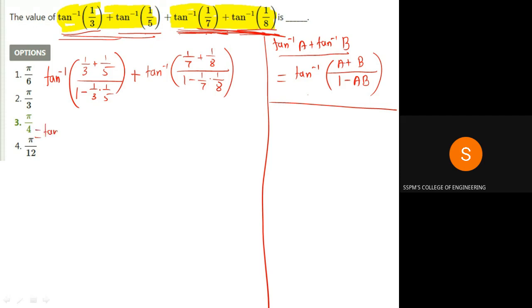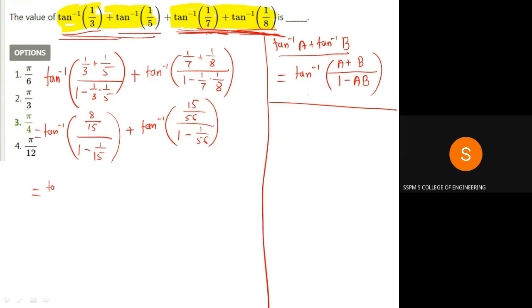So tan inverse. What is 1 by 3 plus 1 by 5? It is 8 divided by 15, divided by 1 minus 1 upon 15, plus tan inverse again for this, 15 divided by 56, divided by 1 minus 1 upon 56. Again we will solve this.